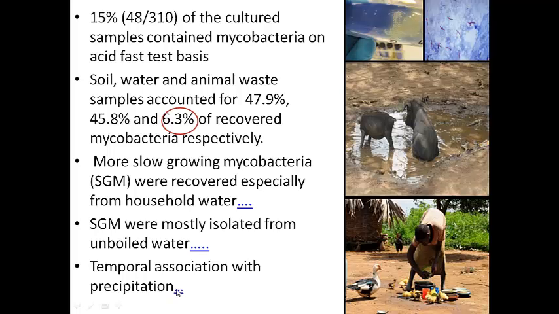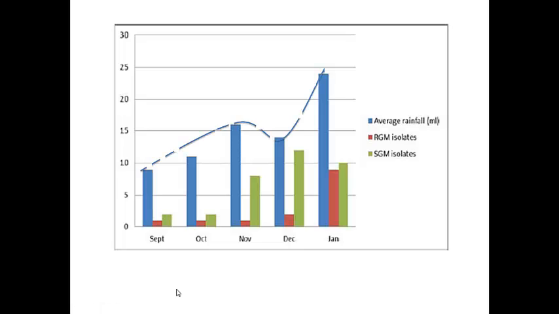Basically, as the rains, the precipitation increases, there was also an increase in mycobacteria isolated, both slow growing and rapid growing. But the increase was much more evident in the slow-growing mycobacteria, the ones that are potentially pathogenic.